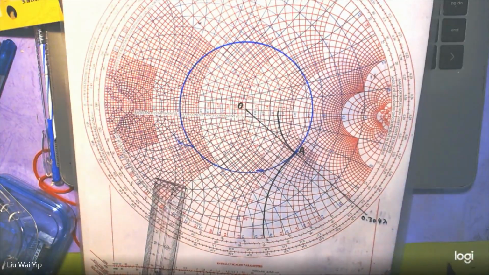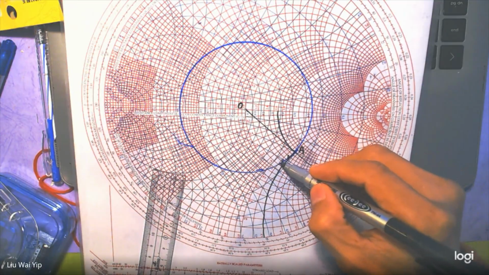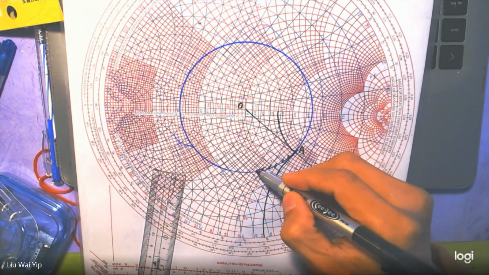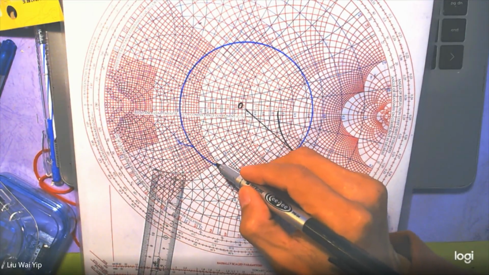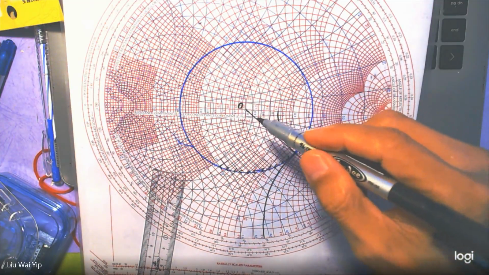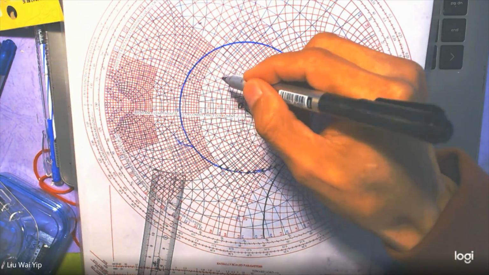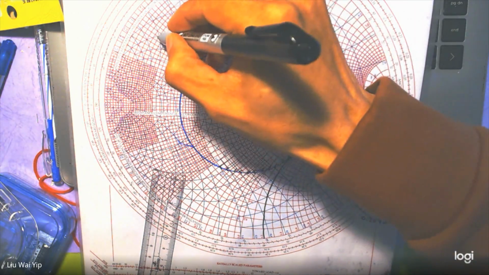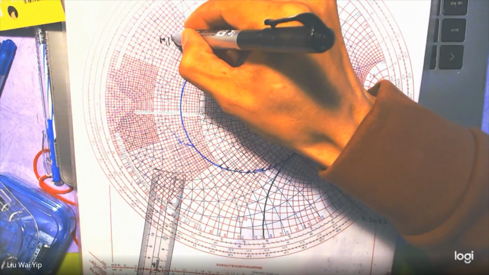And then you drag along the constant SWR circle until you meet the intersection point where the 1 plus jB circle meets.